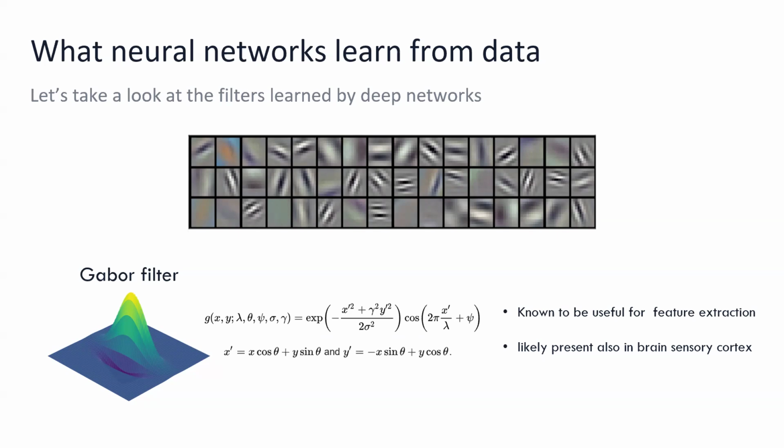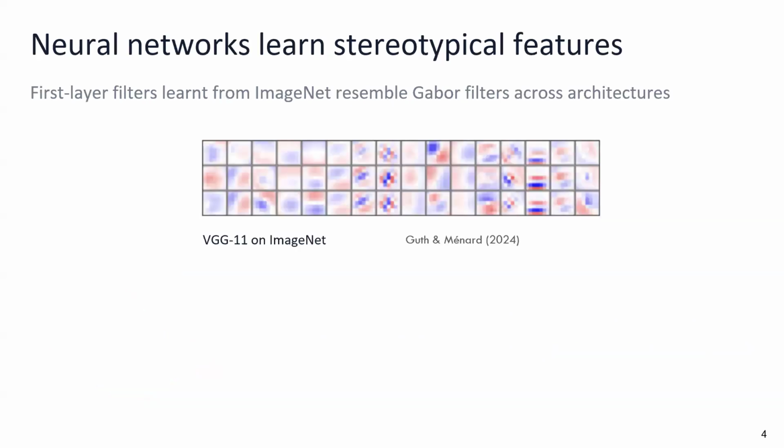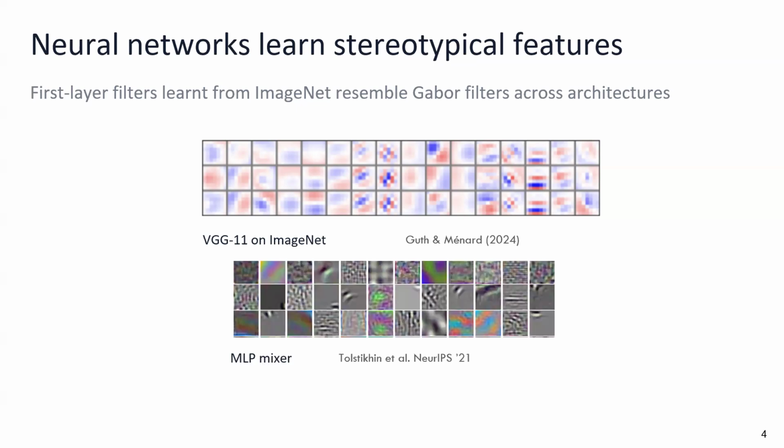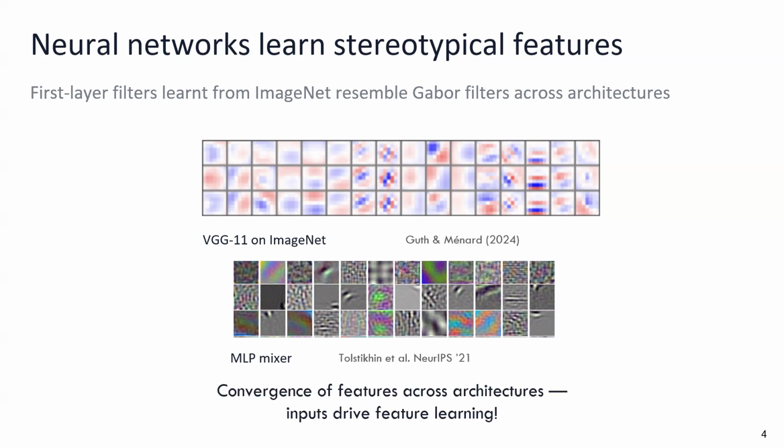And this was not only for this network. This is a modern network on a different architecture, and you still see the patterns. And also, not even a convolutional network, but just a simple multi-layer perceptron, and you can still see these Gabor filters here. So it really looks like it's not something that depends on the architecture or on the way you train it.